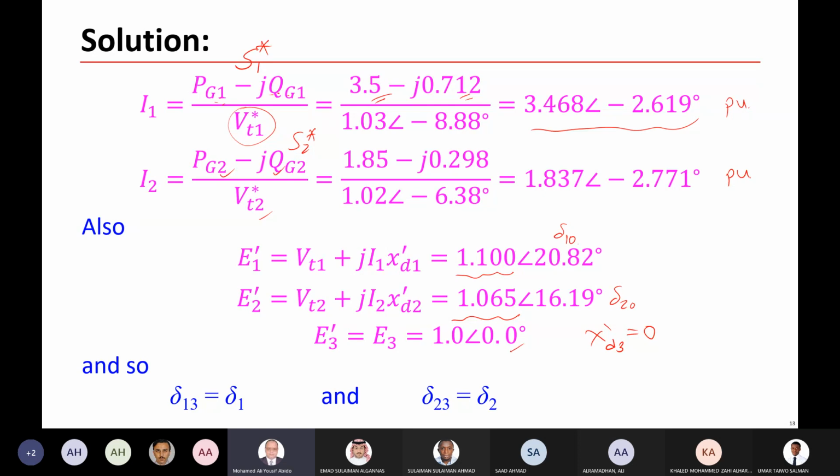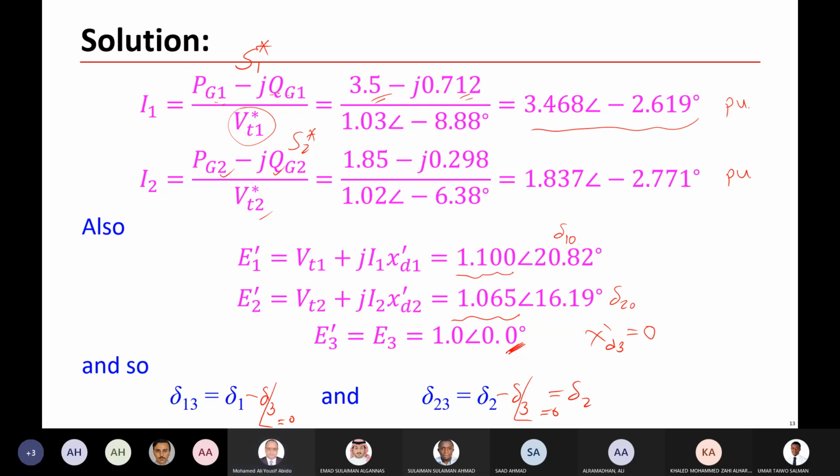Of course, this is the reference that we have. So delta 1,3 equals delta 1 minus delta 3, which is delta 1. And delta 2,3 equals delta 2 minus delta 3, so it is equal to delta 2.